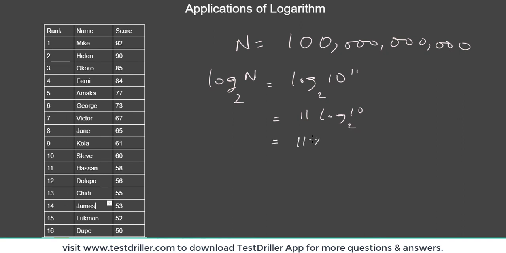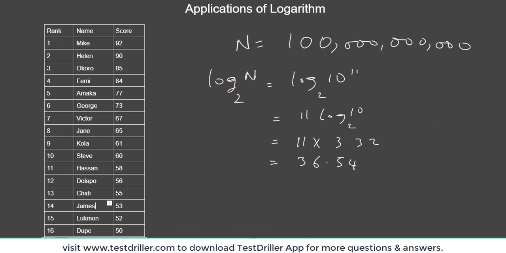That will give you 11 times 3.32, and that will give you roughly 36.54. Roughly this figure, that's what you're going to get.